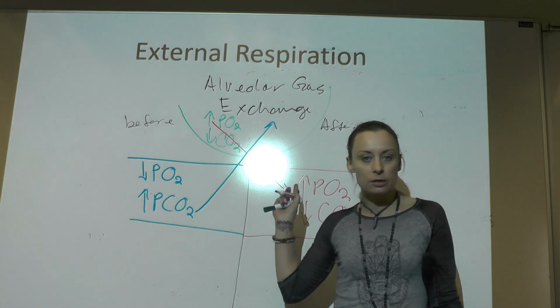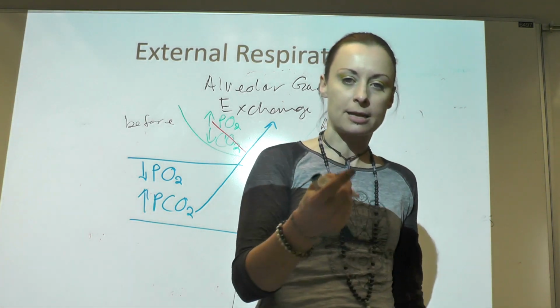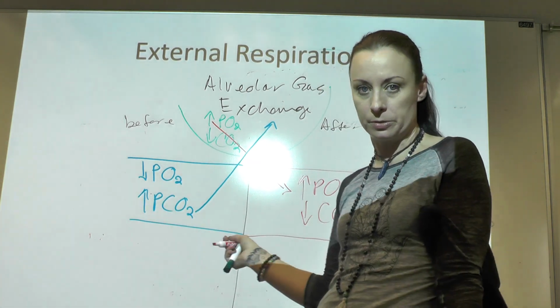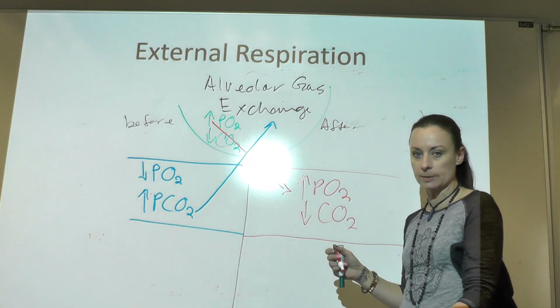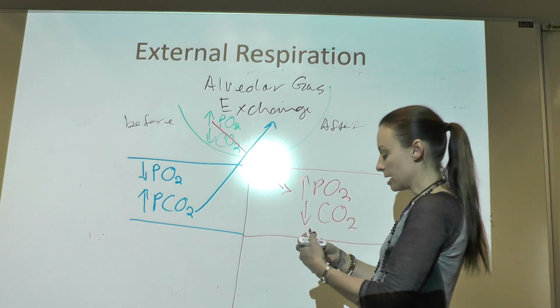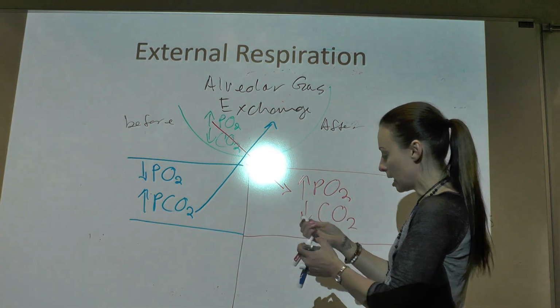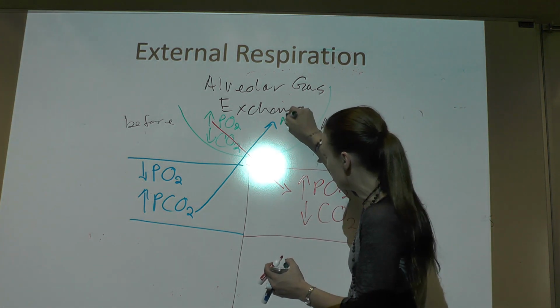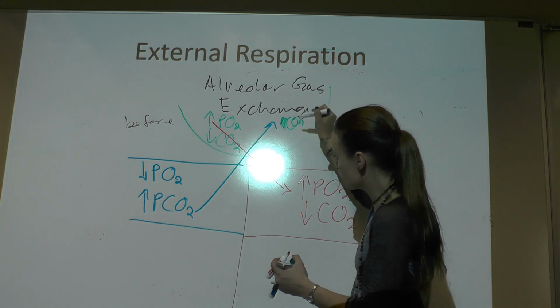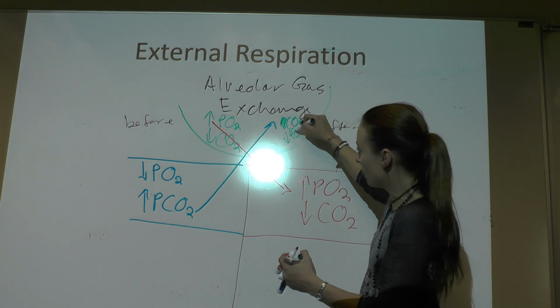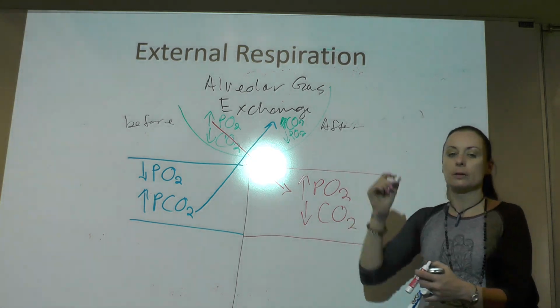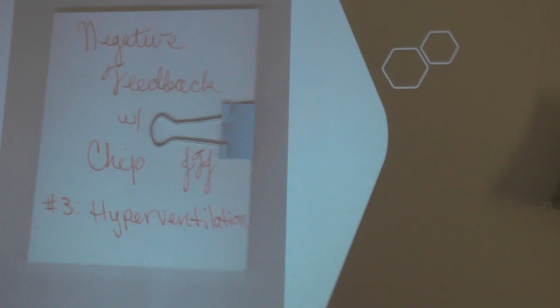We would call this oxygenated blood that's on its way back to the systemic circuit to get pumped out to the tissues. So that is external respiration. After this, what does the alveolar air look like? It's got a high partial pressure of CO2 and a low partial pressure of oxygen, and now we can breathe off that CO2.